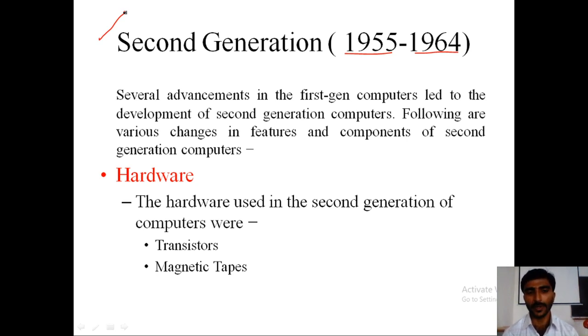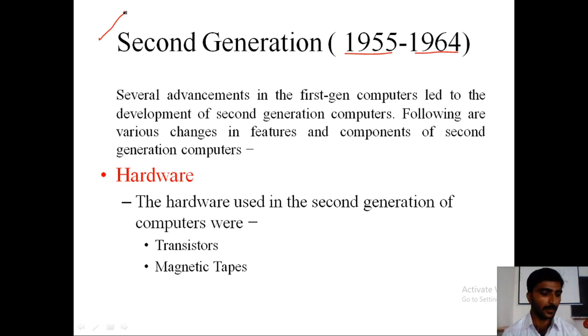What is the drawback? Thousands of vacuum tubes were used, and sometimes they get damaged. They are very costly and expensive, and they take large space. To overcome those drawbacks, second generation computers were developed.